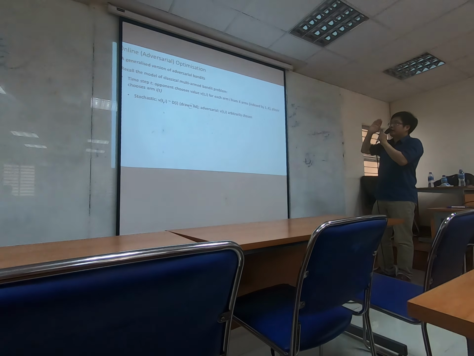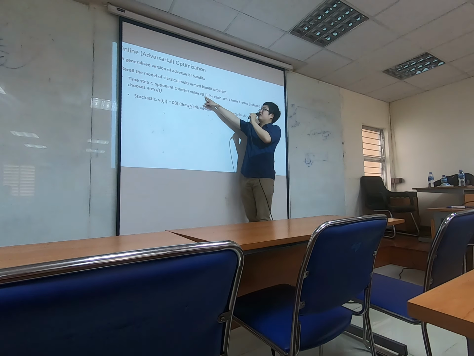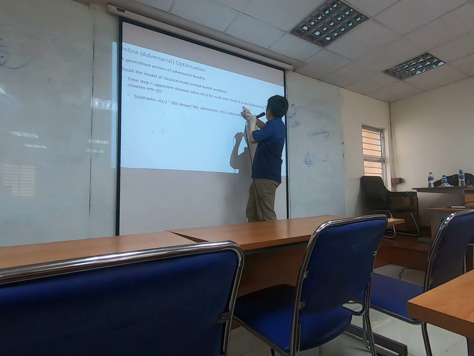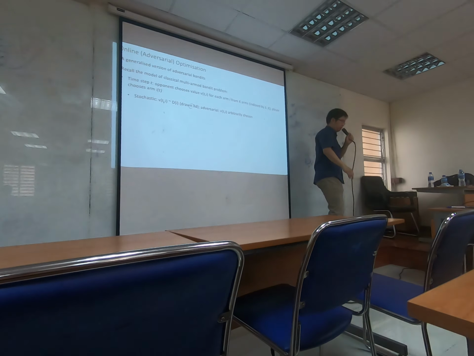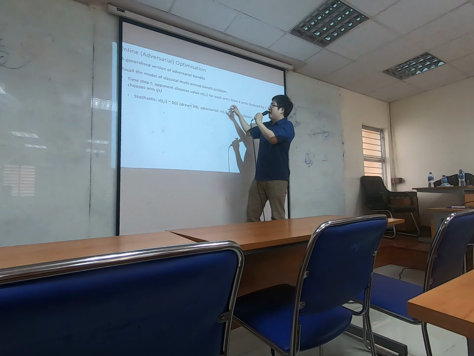So in this generalized model, at each time step, instead of choosing the value for the arm, this is the classical bandit, right? In the classical bandit, what it does is choose a value for each arm.